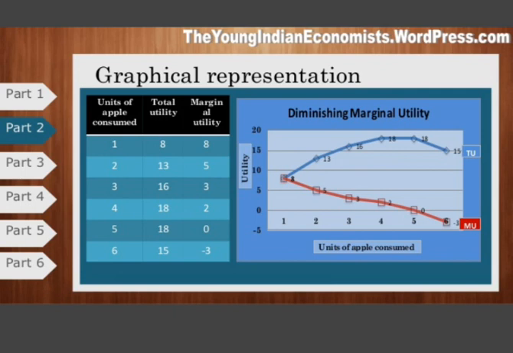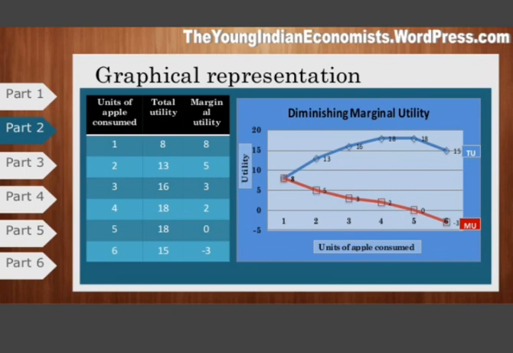When your total utility is at maximum, the highest point, you can see it on the graph there. When total utility is at maximum, which on the table is indicated by 18, where total utility is 18, you can see that the marginal utility there is 0. So at 18, marginal utility is 0. That's the highest point. So when total utility is at maximum, the marginal utility is 0.